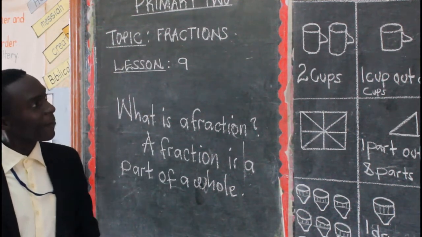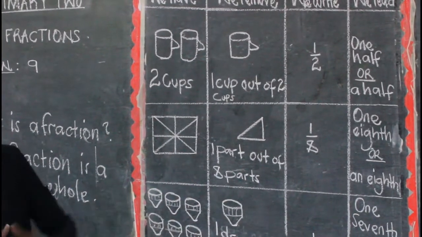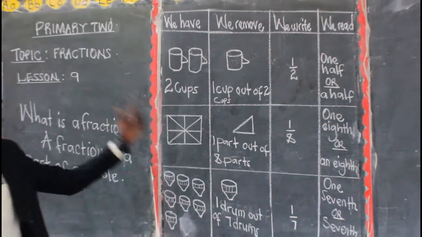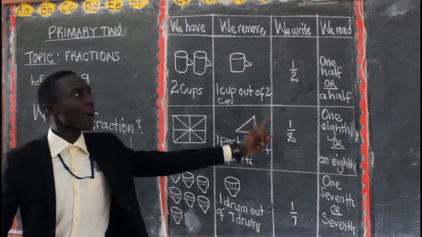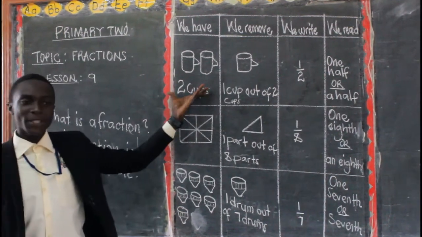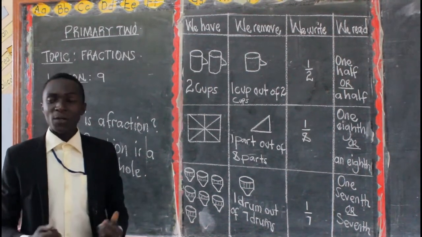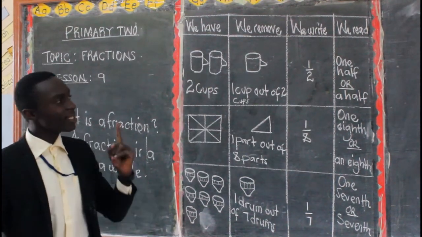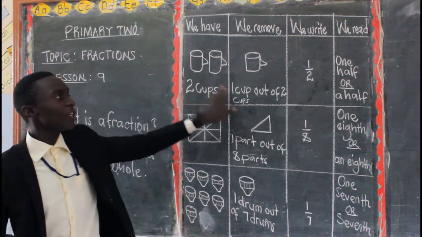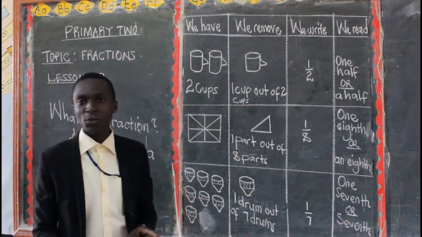And we have here our table saying we remove, we write, and we read. Take for instance, if you have two cups, you remove only one cup and maybe you give it to somebody, so it means that you will remain with only one part. What is the fraction that you have removed?